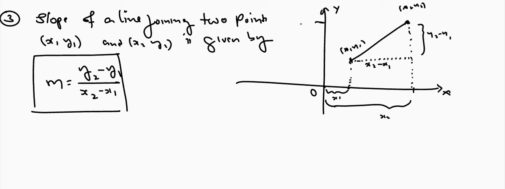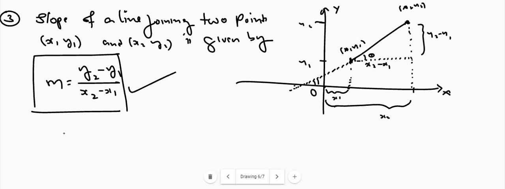If the angle of inclination is theta, then tan theta is equal to opposite side by adjacent side, that is (y2 minus y1) divided by (x2 minus x1). We can study this formula directly.